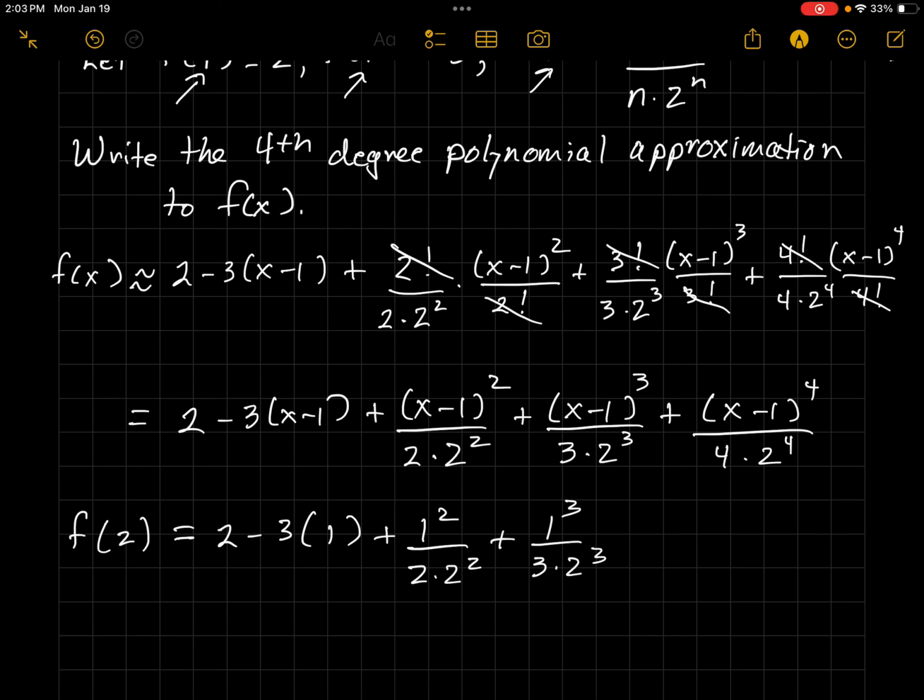And notice that 2 minus 1, of course, gives me 1, so I put a little bit extra information that I might not necessarily need. How I get f of 2 is approximately this value.